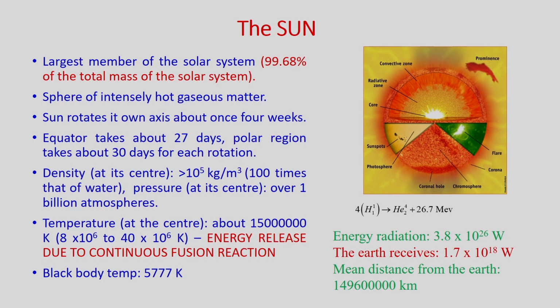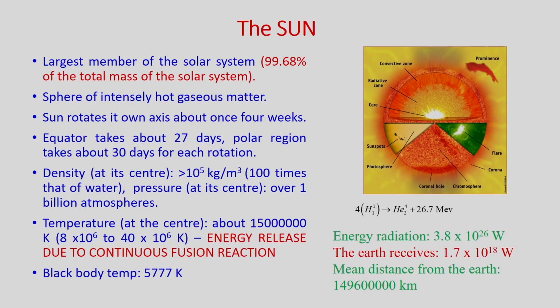If we talk about density and pressure at the center, it is tremendously high. The density is about 10 to the power of 5 kg per cubic meter, which is about 100 times denser than water, and the pressure at the center is more than 1 billion atmospheres.